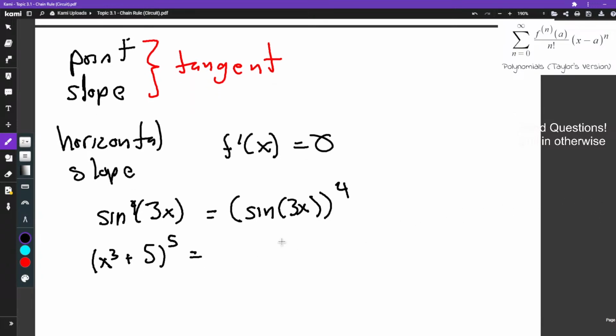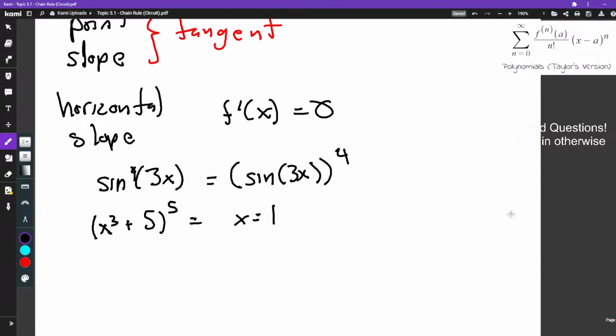Find the tangent line at x equals 1. So if this is f of x, I have to find the derivative of it, so I have to do u substitution here.